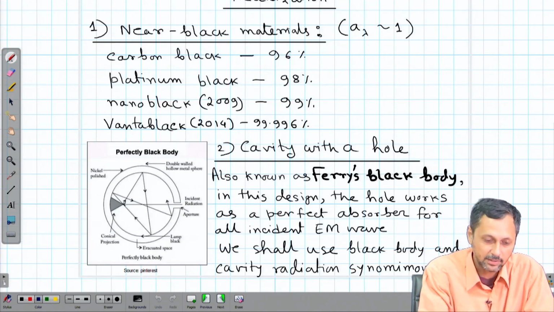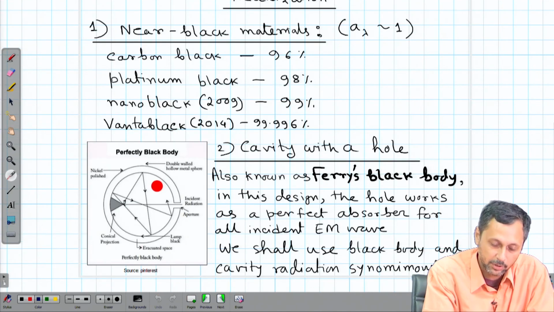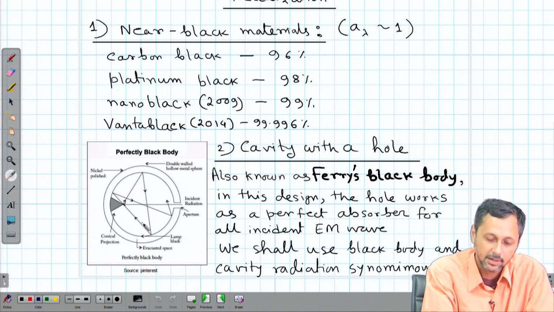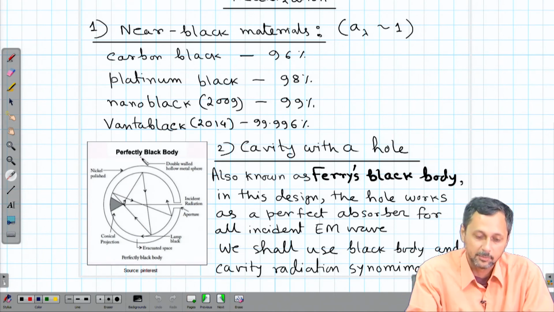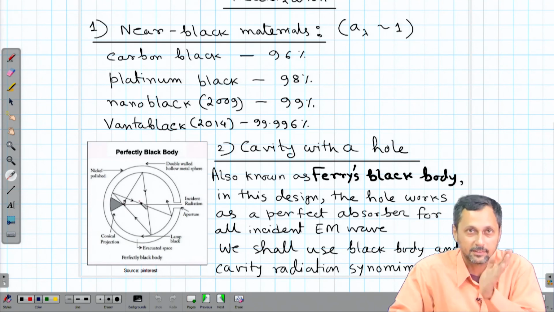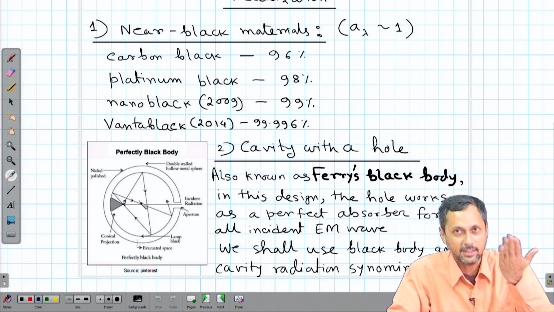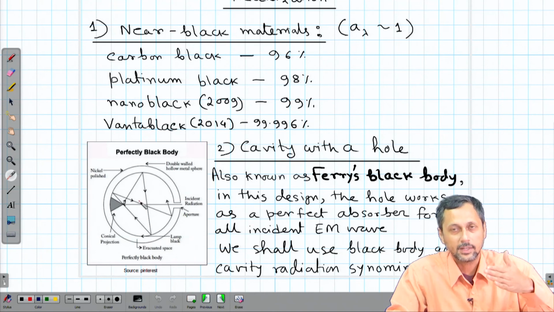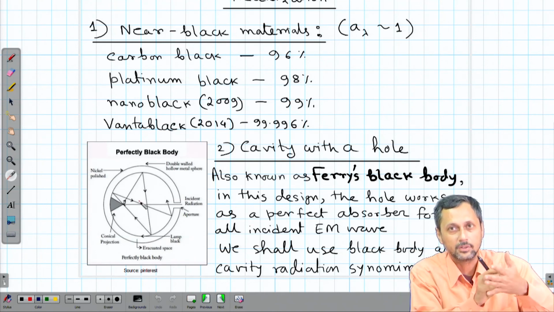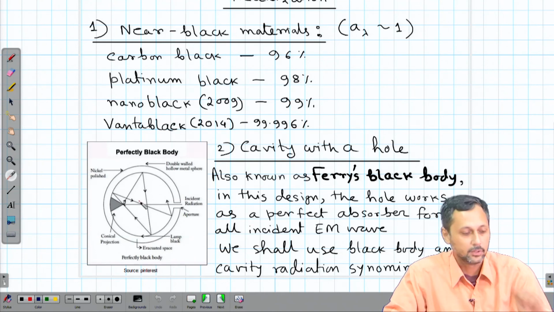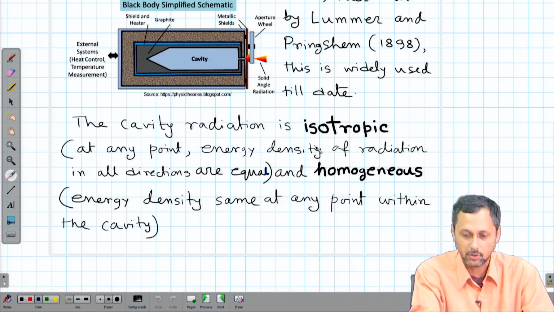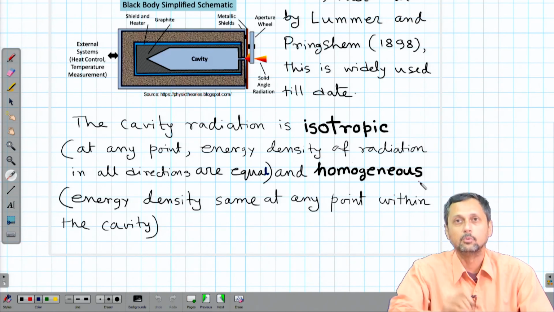So, if I choose any arbitrary point here or here or here, the energy density at these points will be equal. Similarly, if I take any point and place a surface at that point in any possible direction, the total energy incident on this surface will be equal. These are the two properties which are called isotropic and homogeneous.